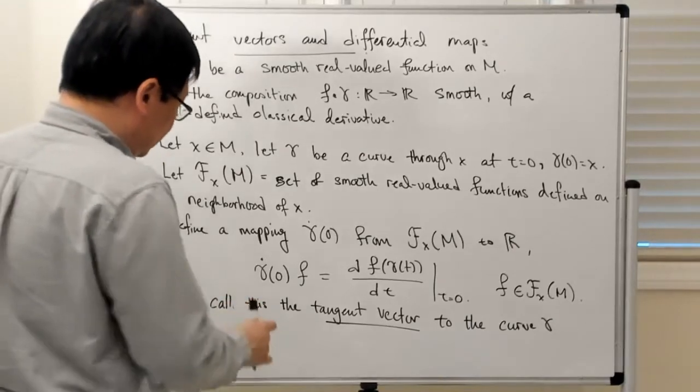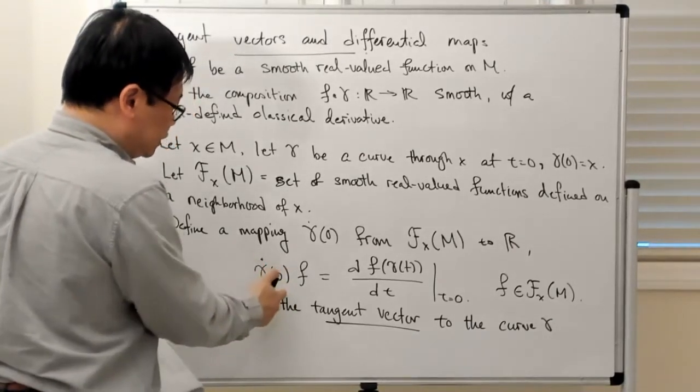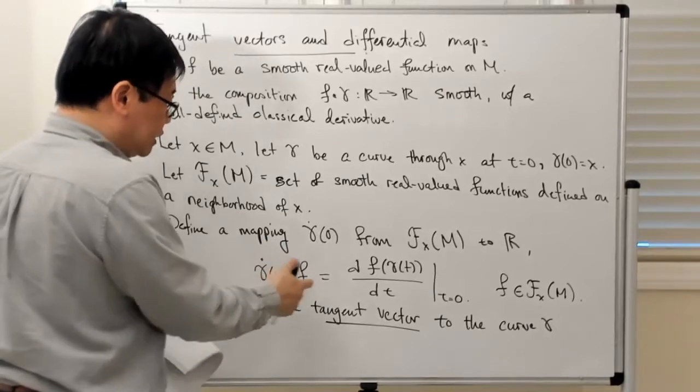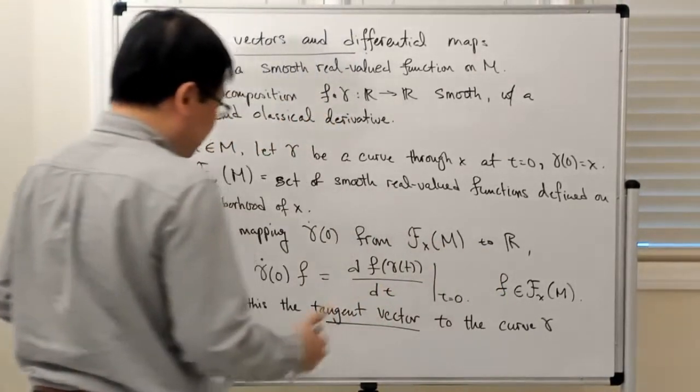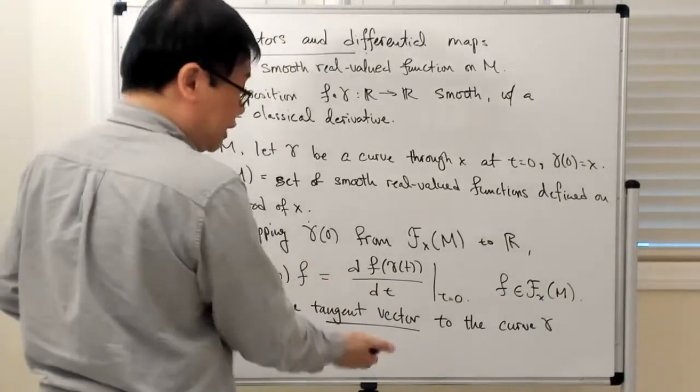The point is that this tangent vector is a mapping from functions to the reals, and you can check that it's really a linear map.